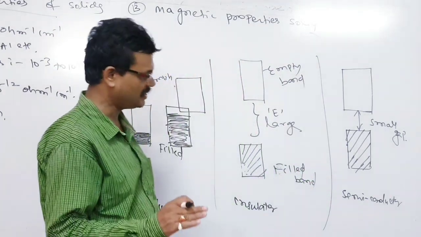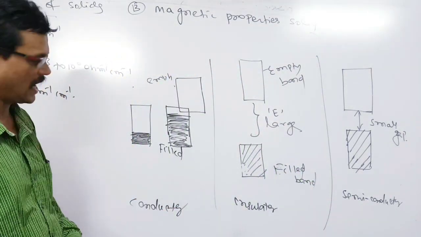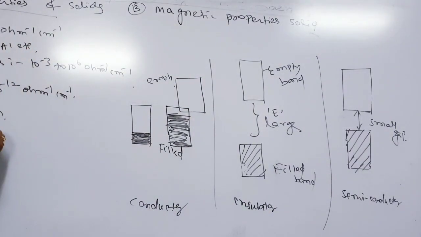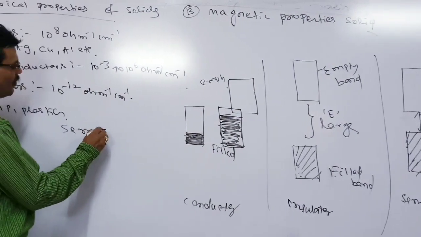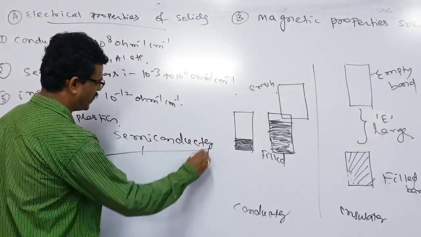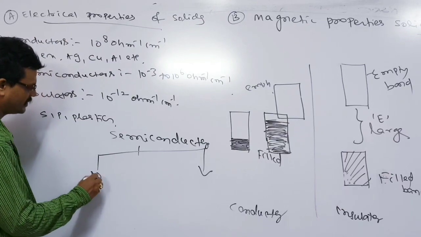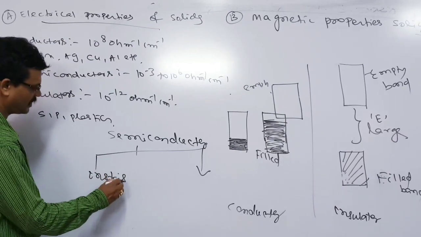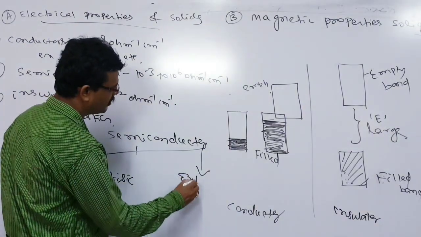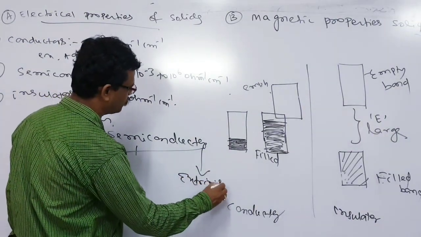That's why semiconductors are again classified into more types. First of all, we can divide semiconductors into two types: one is intrinsic semiconductor and another is extrinsic semiconductor.